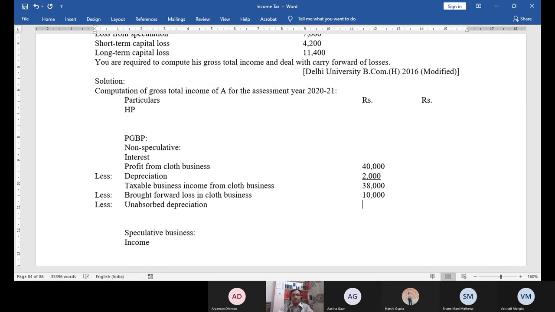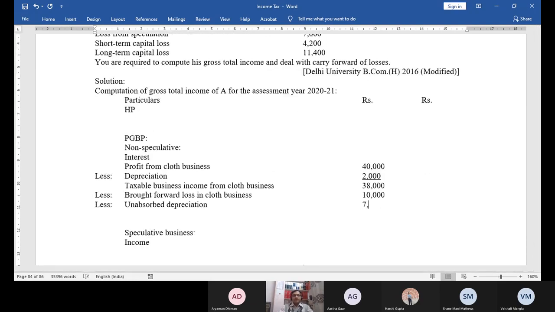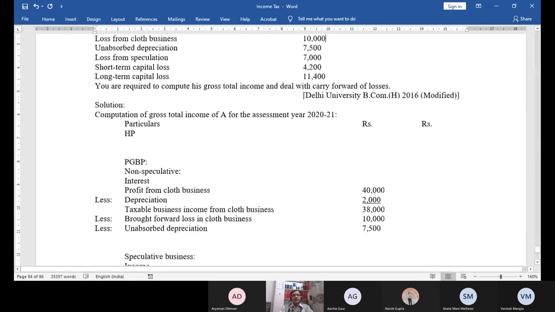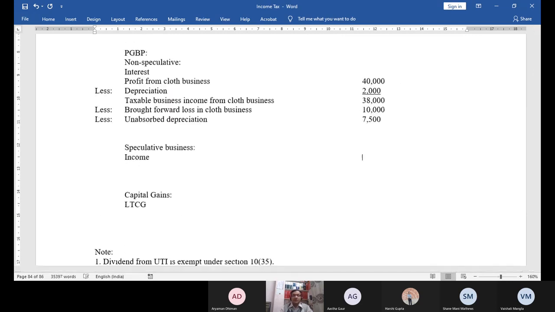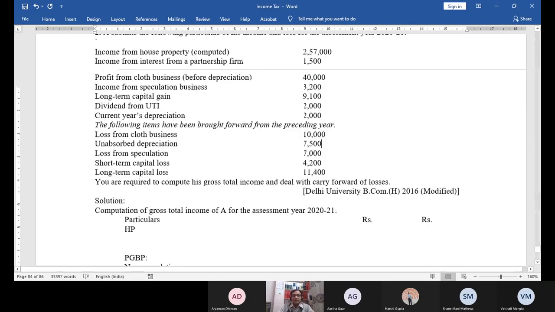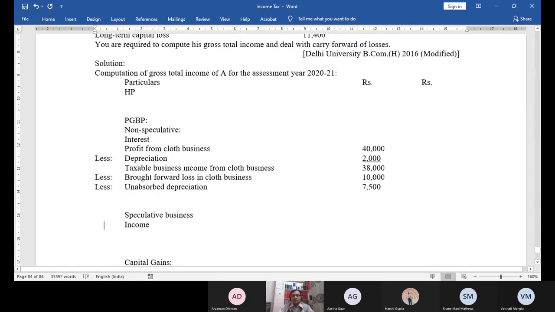How much? 2,500. Next point. Loss from speculation can only be adjusted against speculative business. Now I get to know that I have to write speculative income in the second last column because some adjustment is required. 3,200 as the profit.